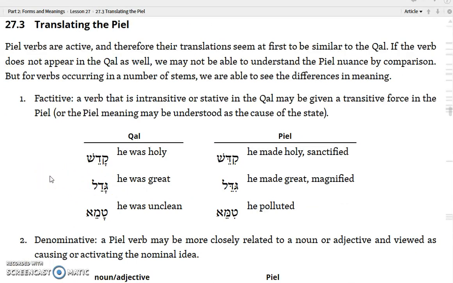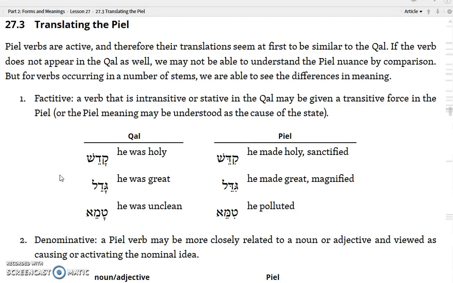Well, how do you translate the Piel as compared with the Qal? Well, there are several usages of the Piel. The one is factitive: a verb that is intransitive or stative in the Qal may be given a transitive force in the Piel.